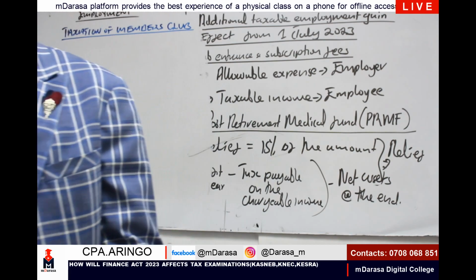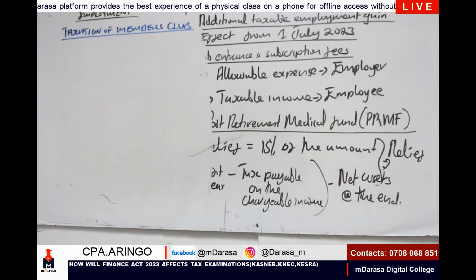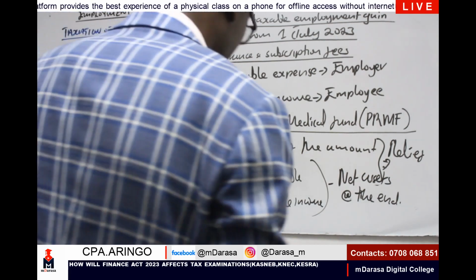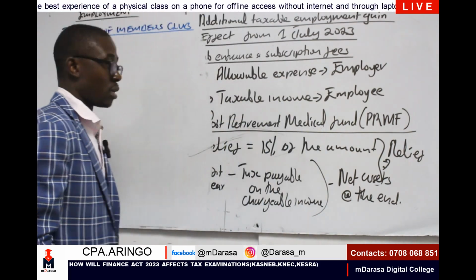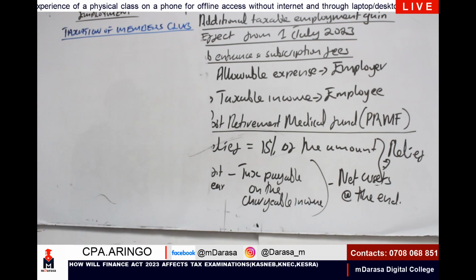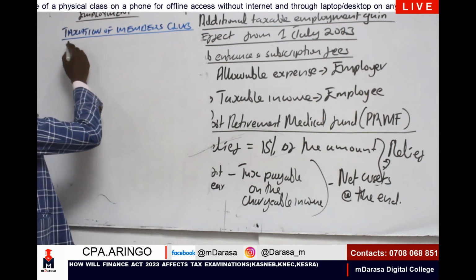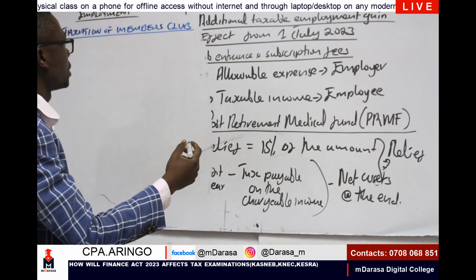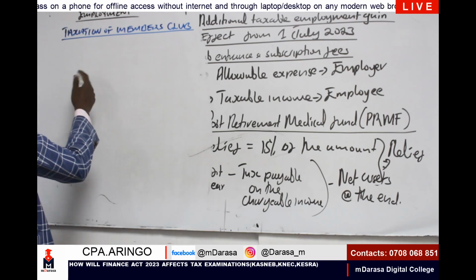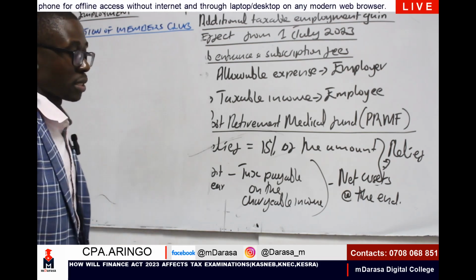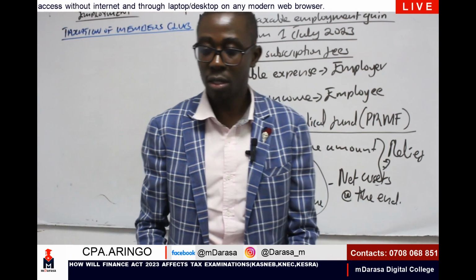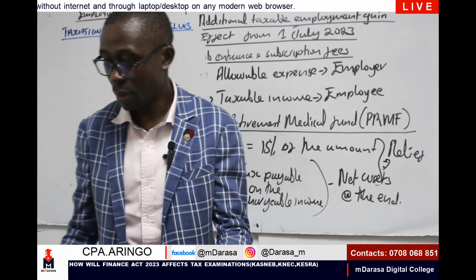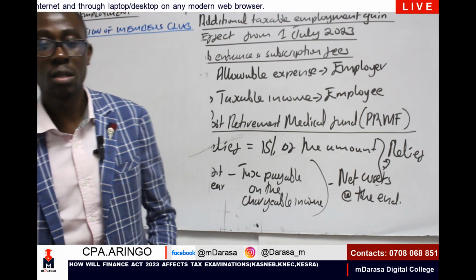As per the previous act, we were talking of income generated within by members, such as subscription fees, entrance fees, and interest, or rather penalties on late subscriptions.